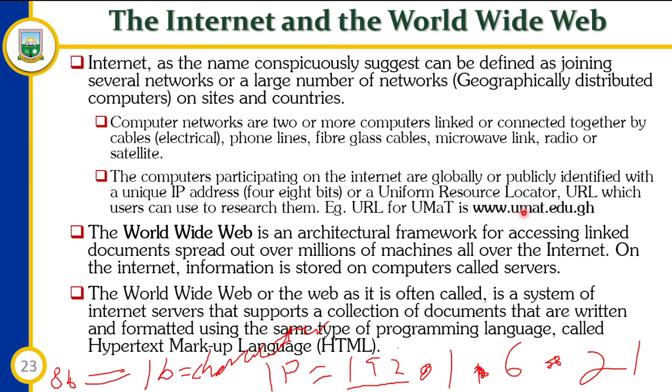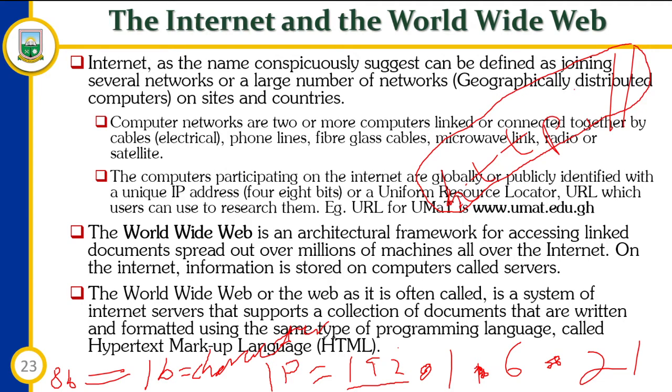Now, the domain name, as most of you are aware, when you type it into the browser, it always starts with HTTP://. Now the HTTP is the protocol. The whole of this is the protocol for the internet.